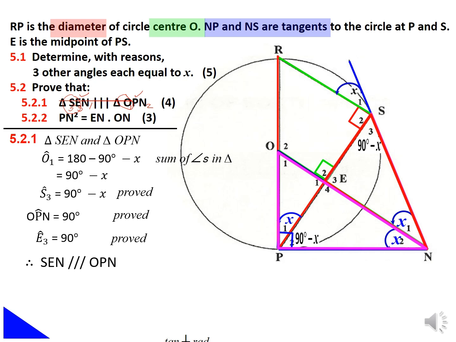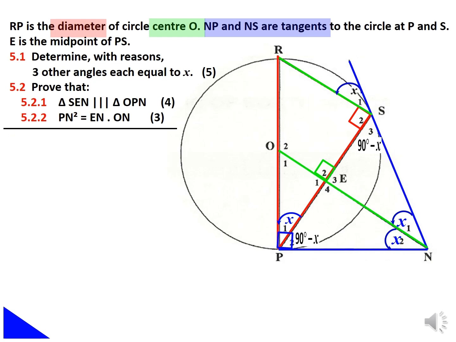So once again, if you put the information together in your diagram and identify the theorems applicable, it becomes easier to put up the information and get the answer required. Question number 5.2.2.